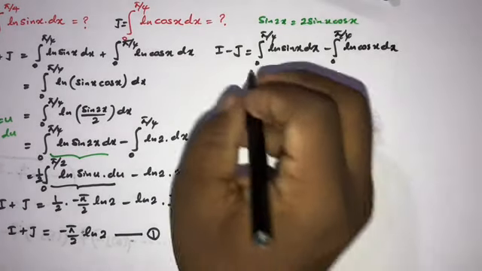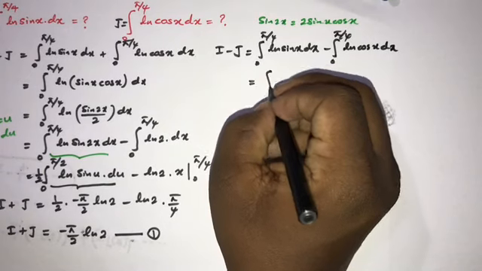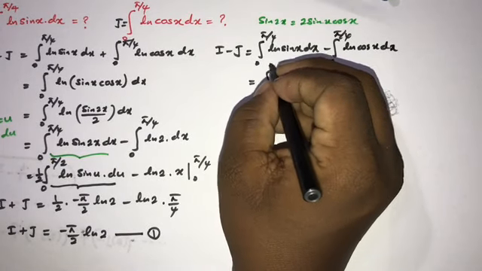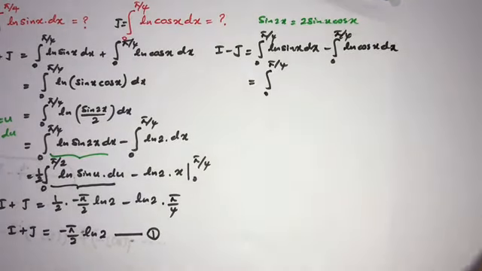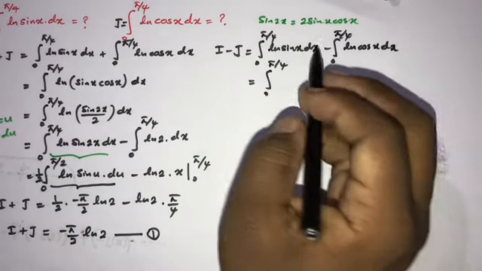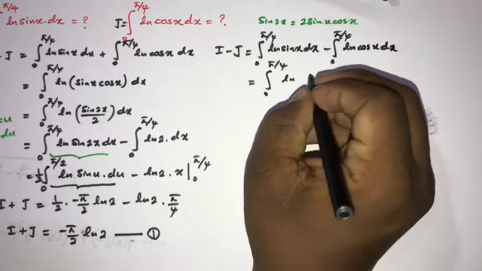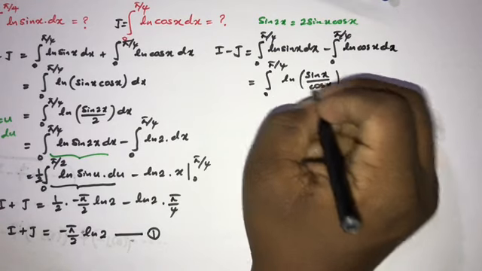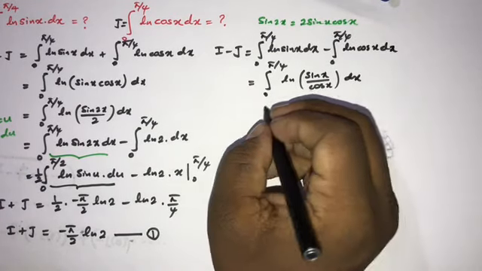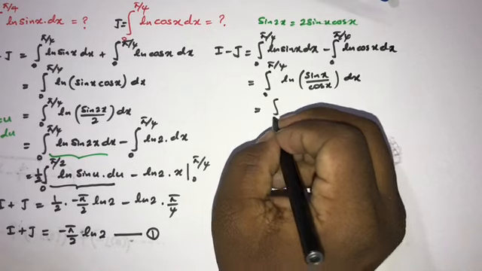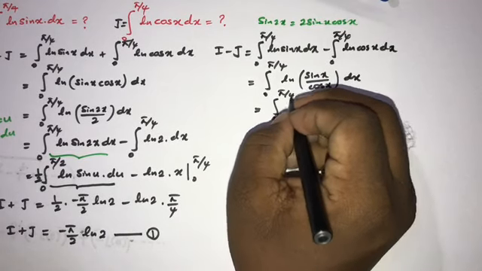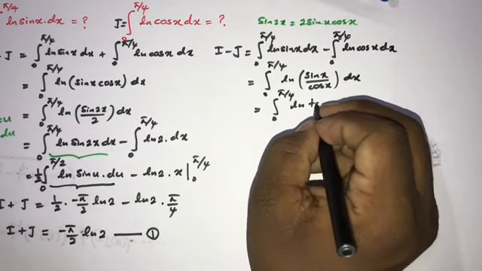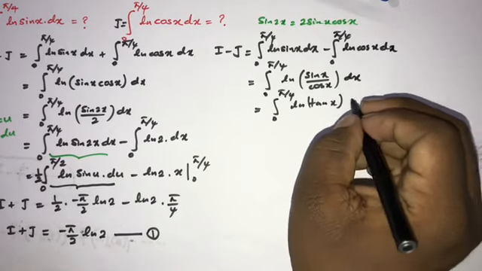Then this is equal to the integral from 0 to pi over 4. According to the property of natural log, this is equal to natural log of sine of x over cosine of x dx. Then we know sine of x over cosine of x is equal to tan of x dx.